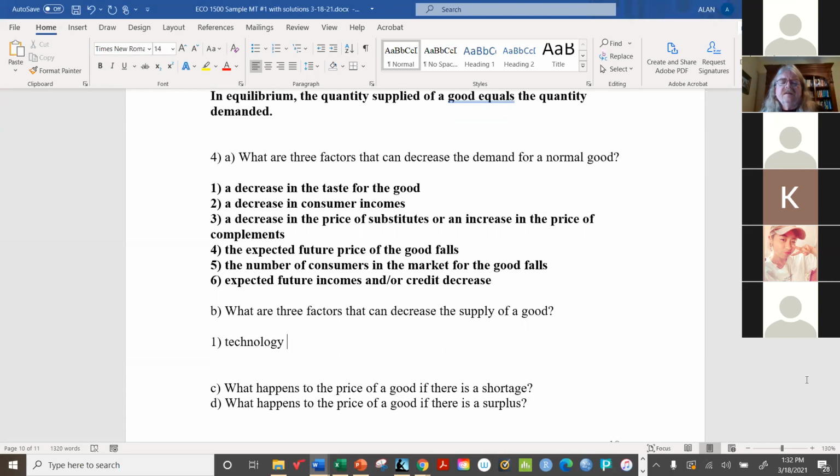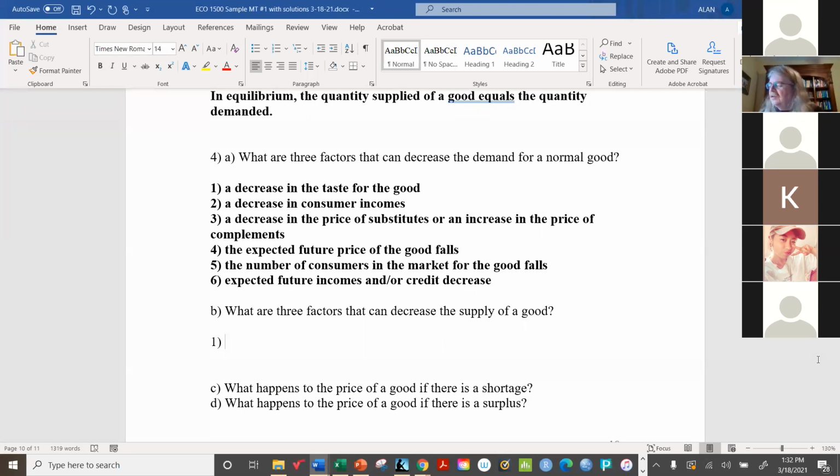So in principle, technology somehow could go backwards. I mean, certainly it did during the Middle Ages, but I think we should leave this one out altogether because in practice, technology normally just does one thing, and that's increase.